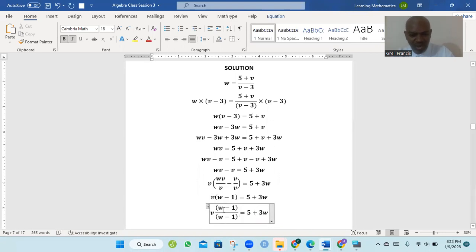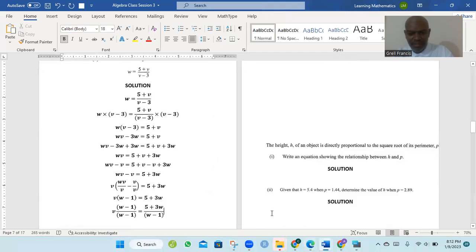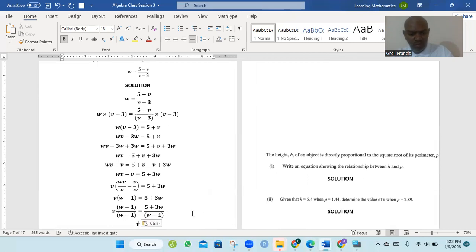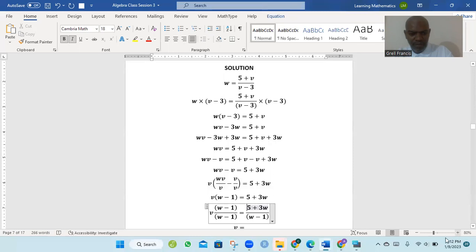If we divide by W minus 1 on the left, we have to divide by W minus 1 on the right. W minus 1 cancels out from the left, and we are left with V is equal to 5 plus 3W divided by W minus 1.